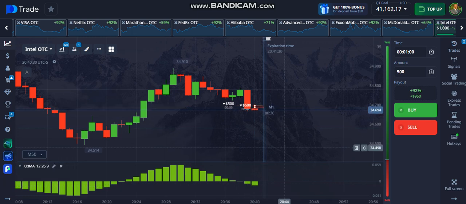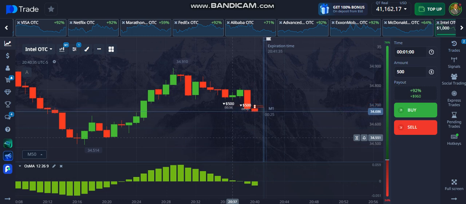So actually, I took a couple of trades. So let's monitor this trade. Okay, it's pushing down. The oscillator of moving average is a real powerful indicator.